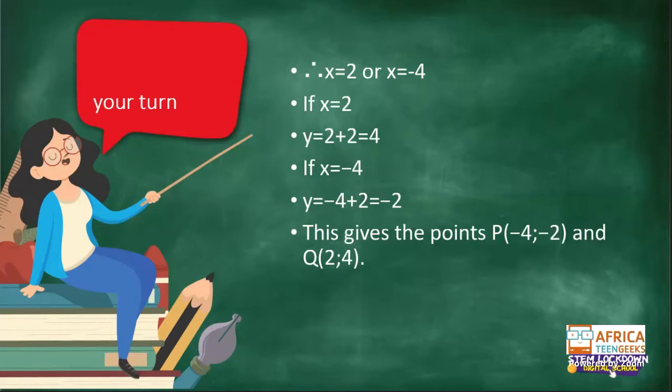Either coordinates here could go for P or Q, because here it was just an equation without a graph. So you can assign the coordinate P -4, -2, or the other one. In this case, it doesn't matter.